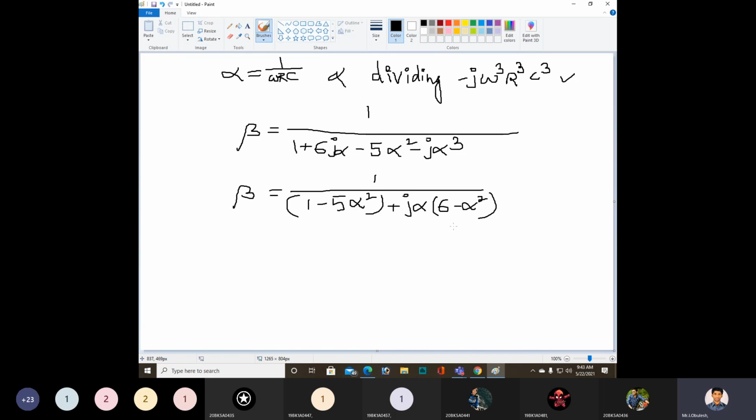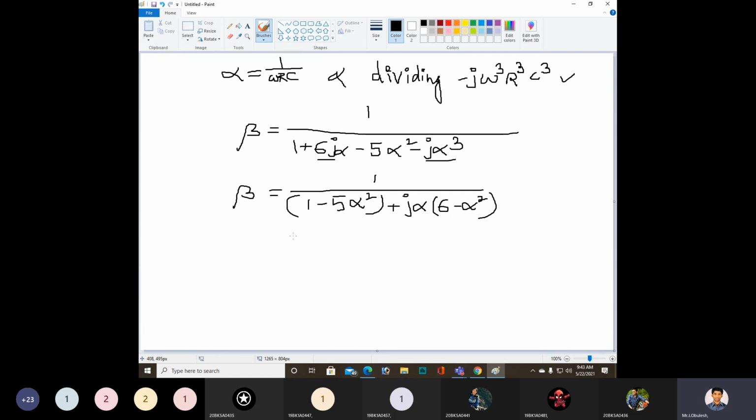So in this expression, we are writing this 1 minus 5 alpha square here, plus from these two terms we are taking j alpha as common. Here we have a 6, we write the 6 as it is. Here we have minus alpha square, that we are writing as it is, there is no change in that.